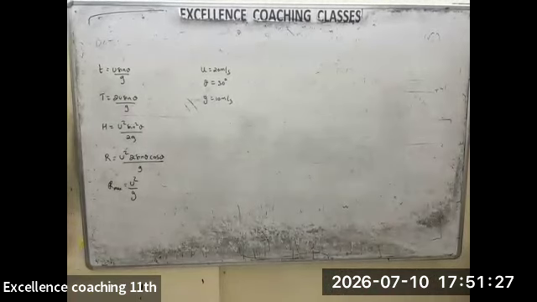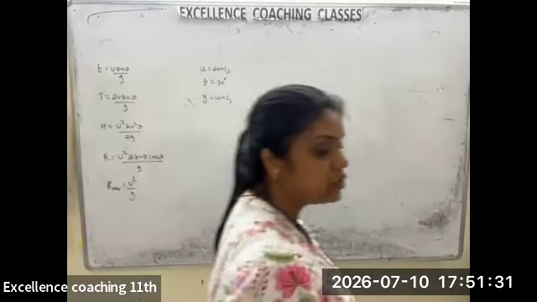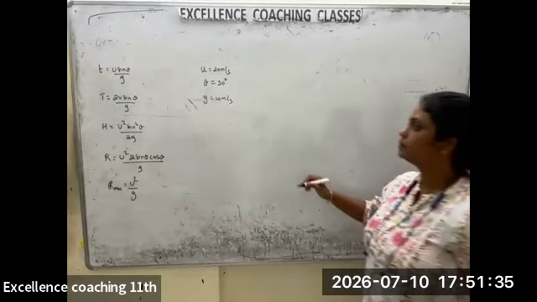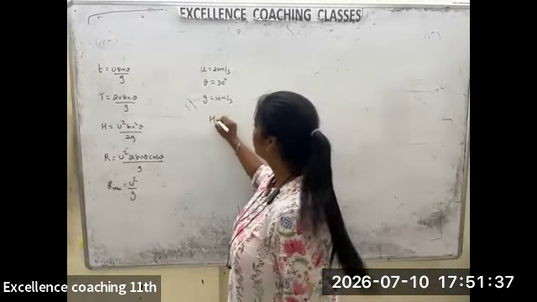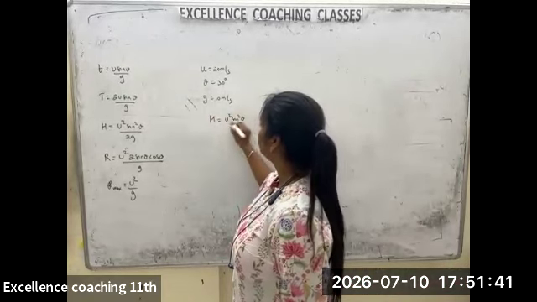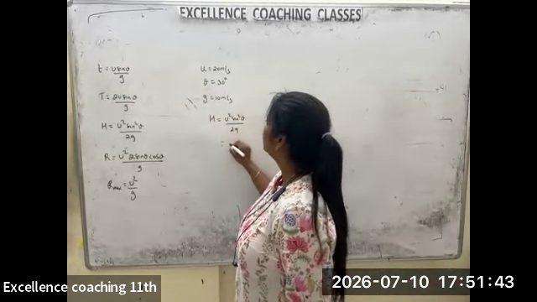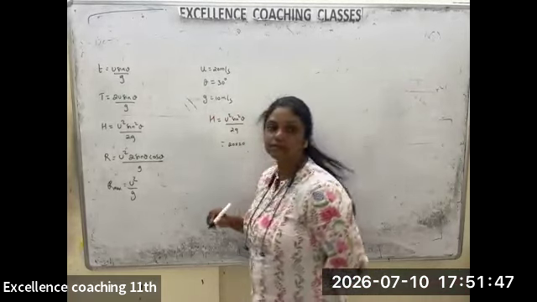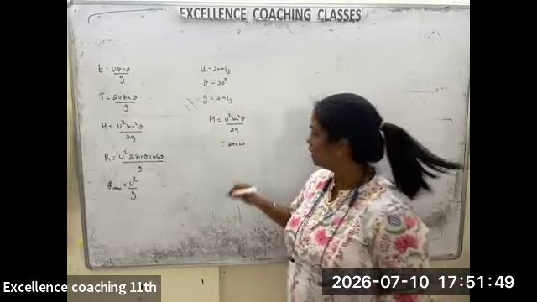How much are you getting? Horizontal range: 5 meter. So use u square sin square theta upon 2g. U is 20 into 20. How much is sin theta? Half, right?